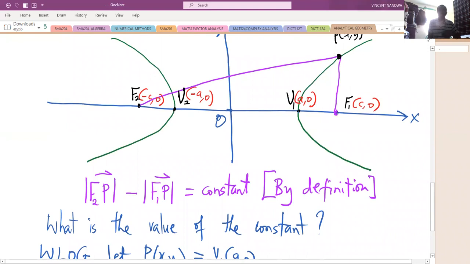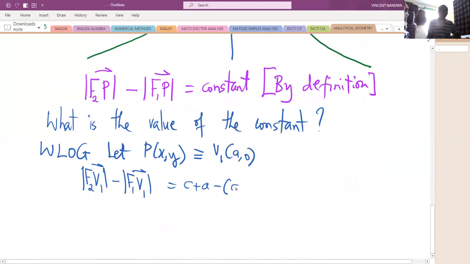F1 is at this point here, and then this V1. From the center to F1 is C units, from the center to V1 is A units. So this distance F1V1 would be given by the longest distance C minus the shortest distance A. So this will be C minus A. So C plus A minus C minus A, minus is plus A. So this will give us 2A.